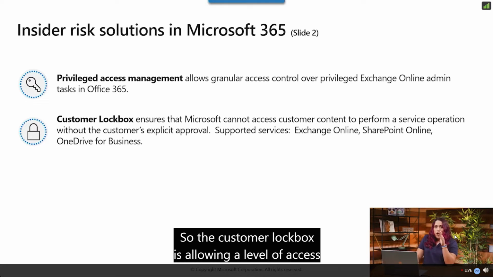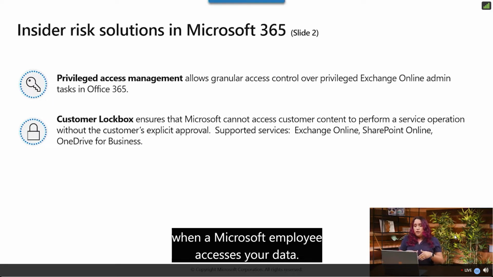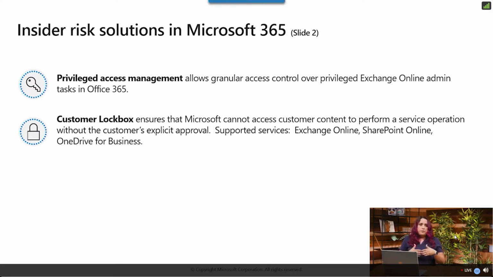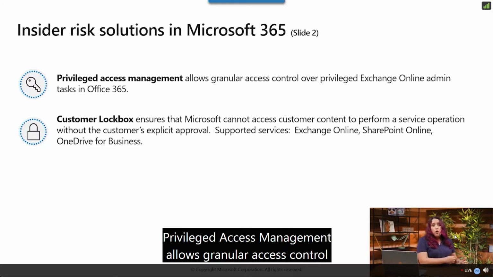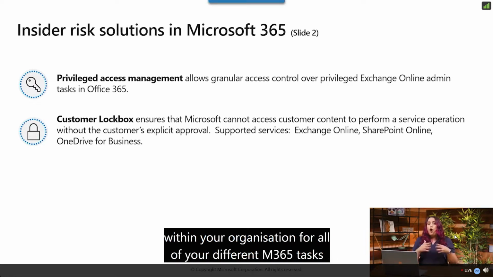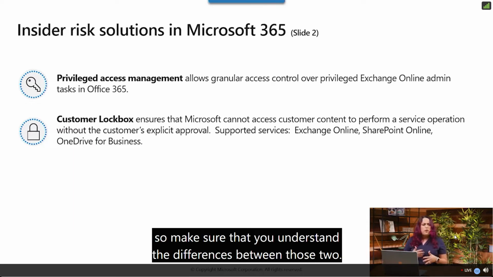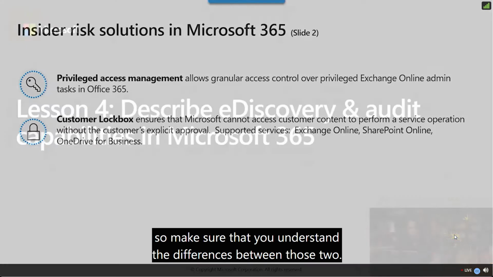The Customer Lockbox is allowing a level of access when a Microsoft employee accesses your data. Privileged Access Management allows granular access control within your organization for all of your different M365 tasks. So make sure that you understand the differences between those two.